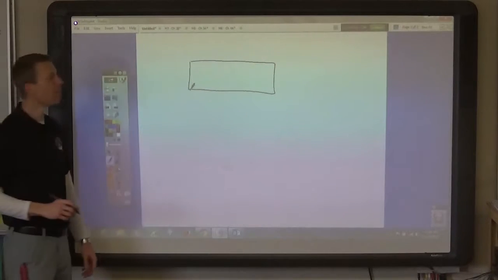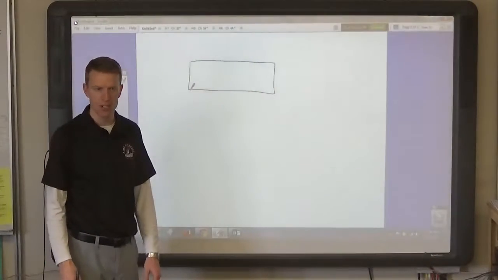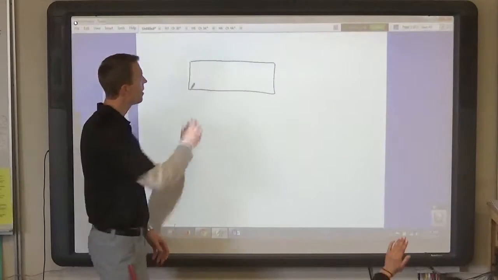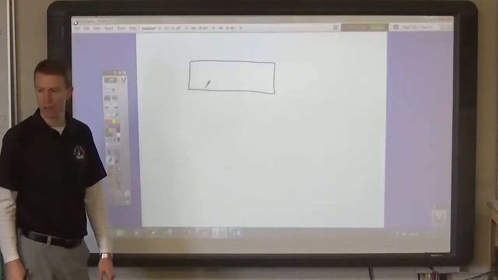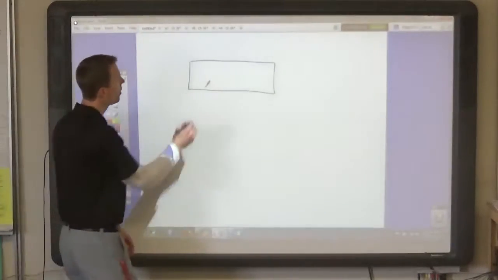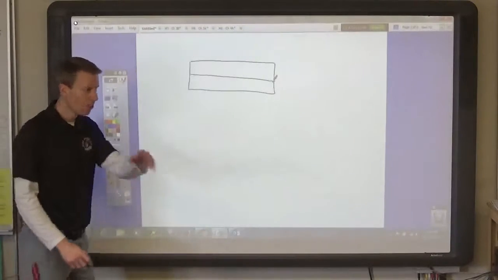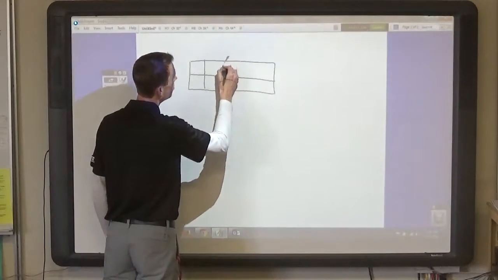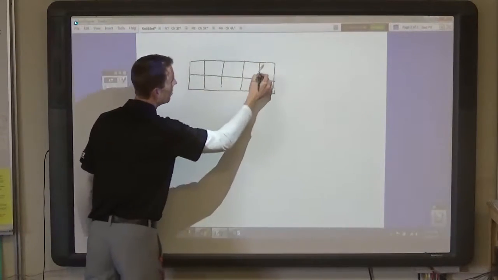So for example, if you wanted to make 3/10, how could you cut this easily into tenths? You could cut it by making a bunch of lines, like 9 lines would give you tenths. Or you could make it 2 by what? 5. Good, 2 by 5. You draw 4 lines. 1, 2, 3, oops, yeah, 4.